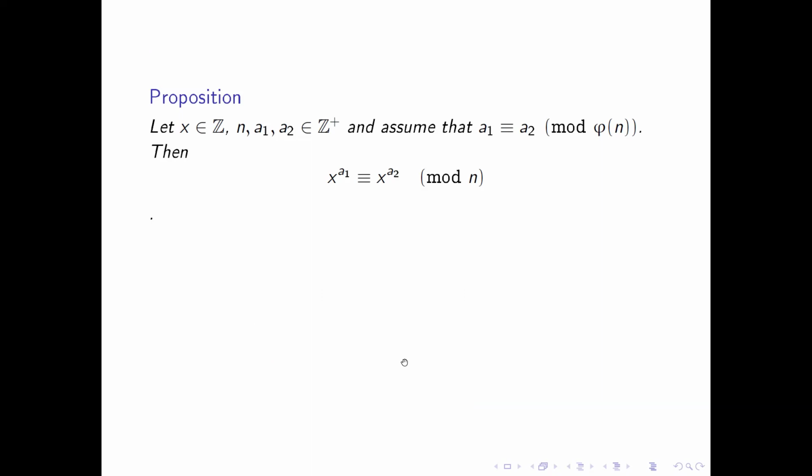Let's assume that a1 is congruent to a2 mod phi of n, which, remember, is the number of values relatively prime to n.